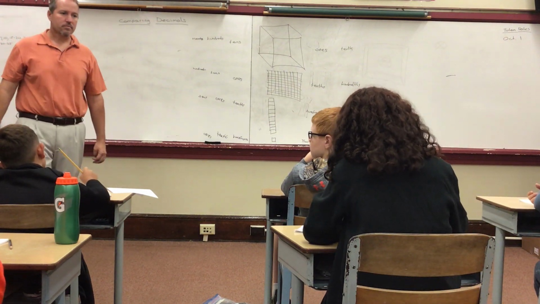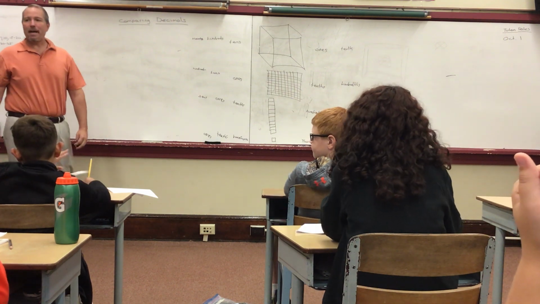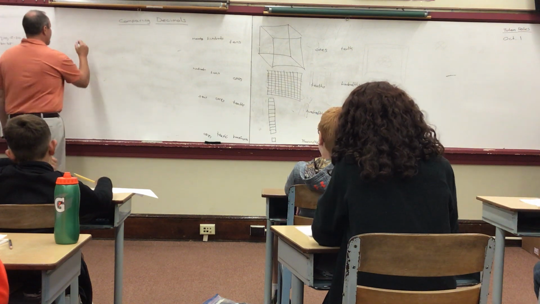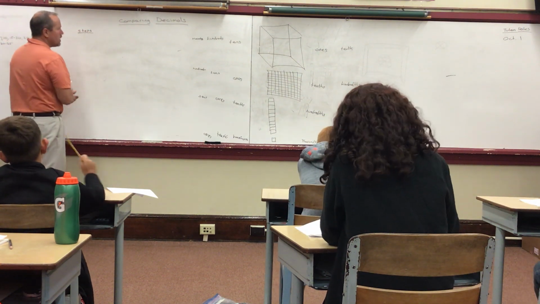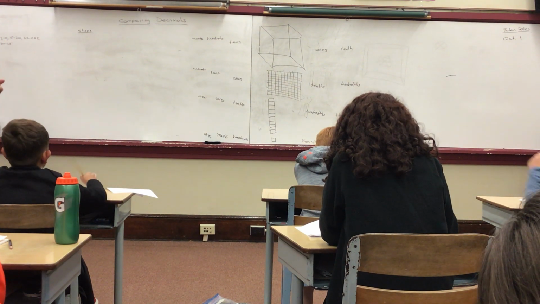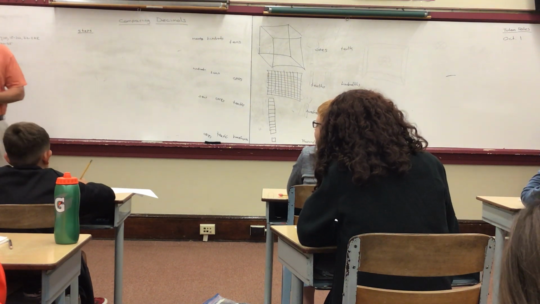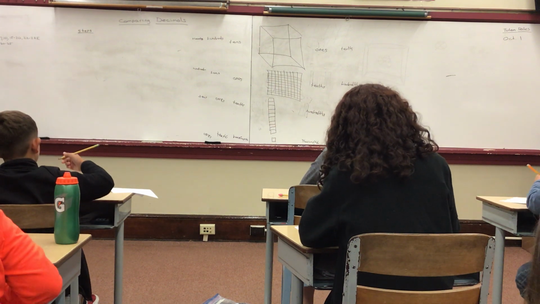Okay? So, when comparing decimals, the first thing we need to do is basically, we're going to figure out, if we're looking at base 10 blocks, what base 10 block represents the ones place or the whole numbers.